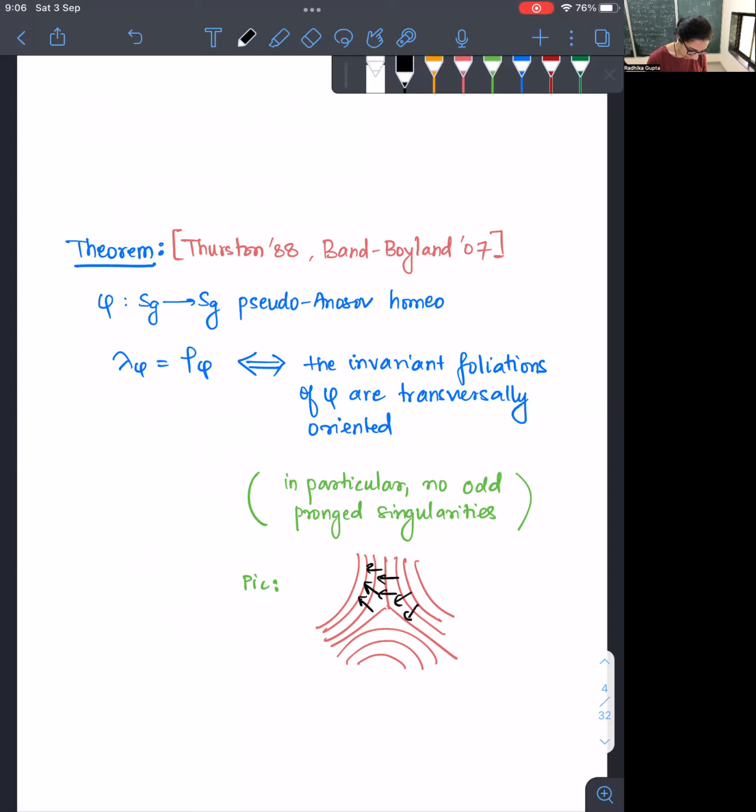And it has to be compatible. But then when I come all the way around the circle, it's not compatible anymore. So if there is an odd prong singularity, the invariant foliation is not transversely orientable. And the theorem is that the geometric stretch factor is determined by the homological stretch factor if and only if the invariant foliation is transversely oriented.